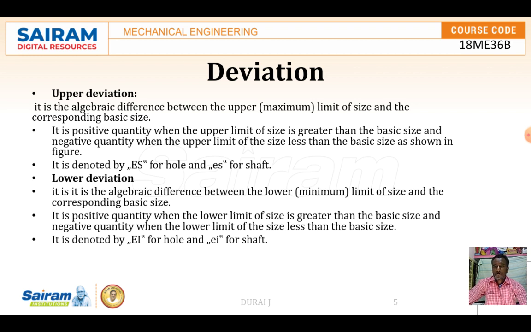Okay, so normally upper deviation for hole they are going to mention as a capital ES, and for shaft a small es. Always they represent hole as a capital letter, shaft as a small letter. So capital ES for hole upper deviation, small es for upper deviation for the shaft.